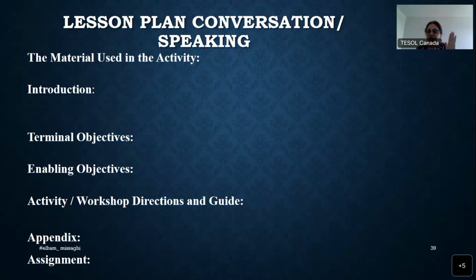In the appendix, you attach those worksheets you prepared for vocabulary or pronunciation. In the conversation part, you generally don't teach grammar. You just review the grammar, but not teach it, because it's conversation. They know the structure; they learn functions and new words. So that is the format for the conversation lesson plan.